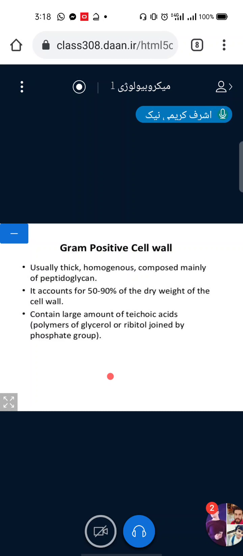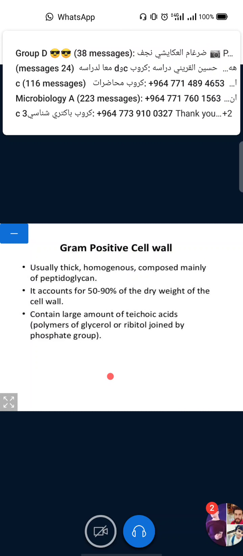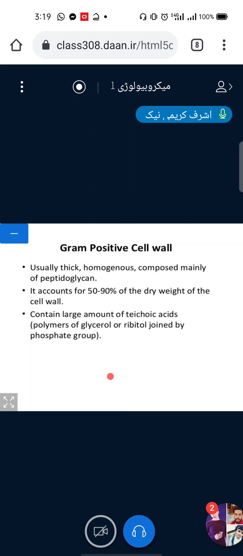Gram-positive cell wall explanation. The cell wall in gram-positive bacteria is usually thick, homogeneous, composed mainly of peptidoglycan. It accounts for 50 to 90% of the dry weight of the cell wall.